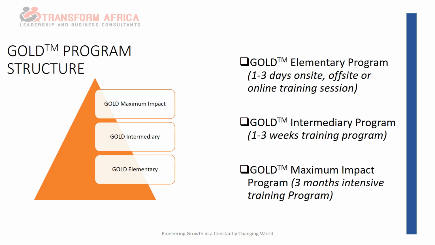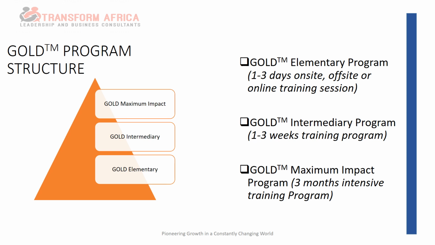Then the next one is the Gold Intermediary Program. This one takes you a little bit deeper into the leadership concepts, and it is a 1 to 3 weeks training program depending on how our clients want it to be and depending on their needs. Then the third one is the Gold Maximum Impact Program, which is a 3 months intensive training program.